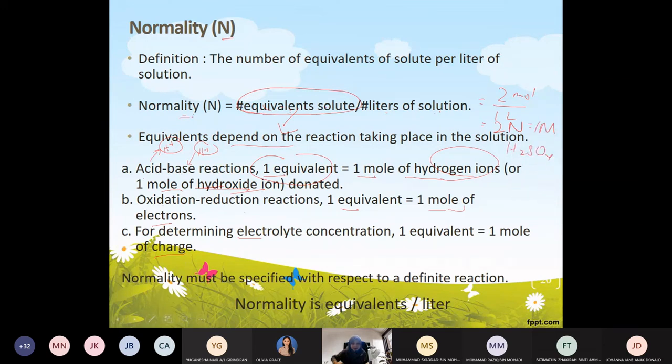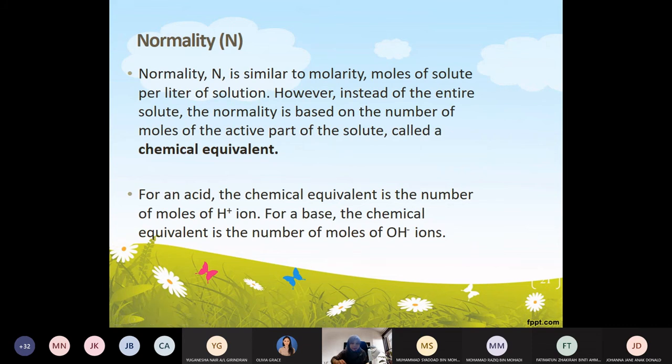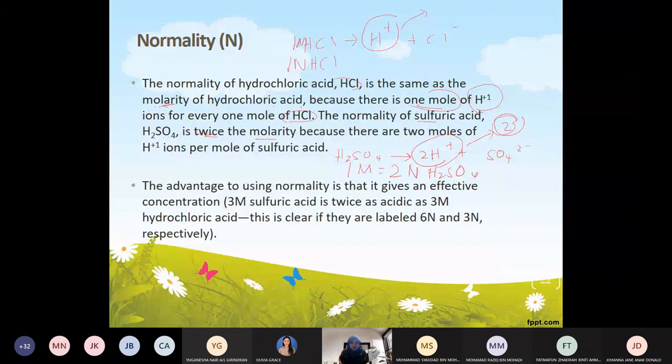The advantage of using normality is awak akan dapat tengok perbezaan in term of dia punya strength, the acidity strength. For example, kalau kita report 3 molar sulfuric acid, it will be twice as acidic as 3 molar hydrochloric acid. Nampak macam sama. One is sulfuric acid, one is hydrochloric acid. Tapi if we label in term of normality, we will label as 6N and 3N.